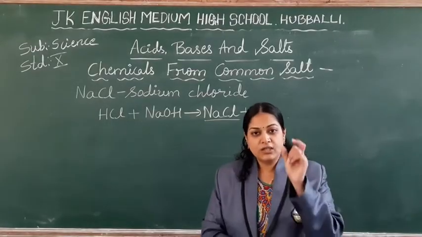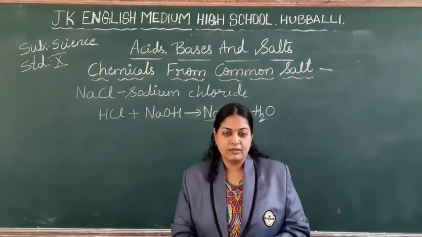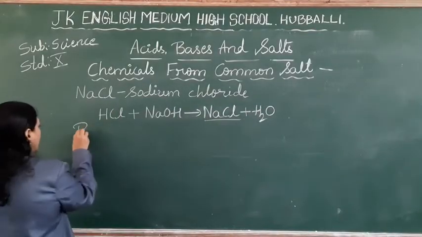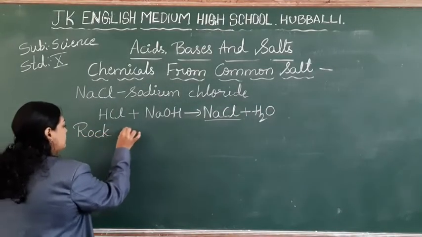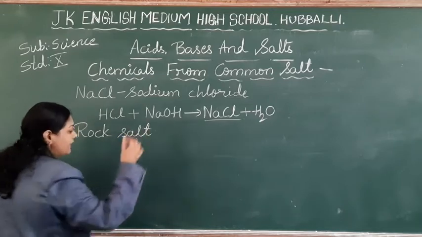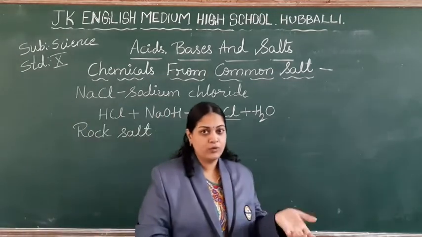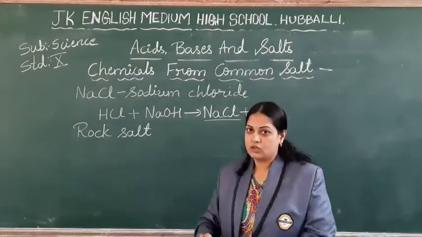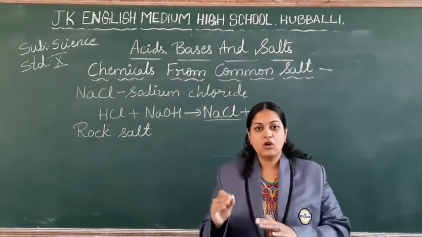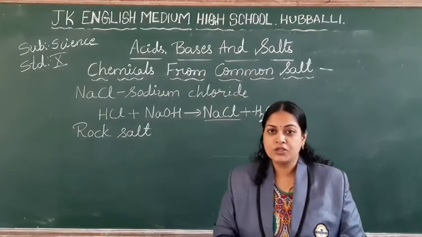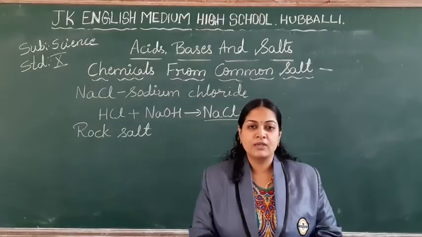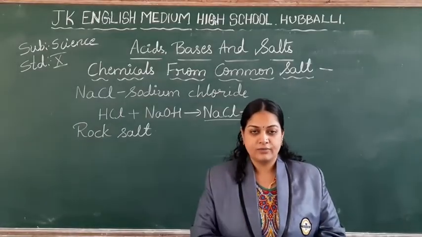So the crystals will be brown in color, and that salt we call rock salt. That brown, not purified salt is called rock salt. Again, this rock salt undergoes purification, and after that we get the white color salt that people use.